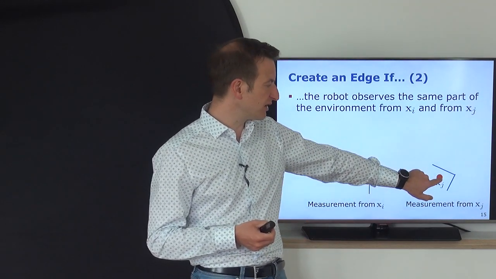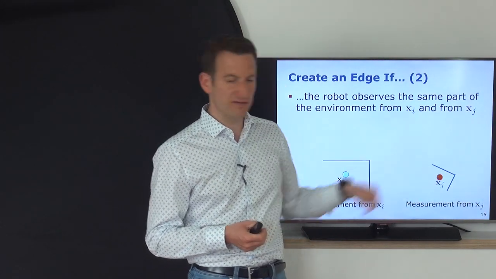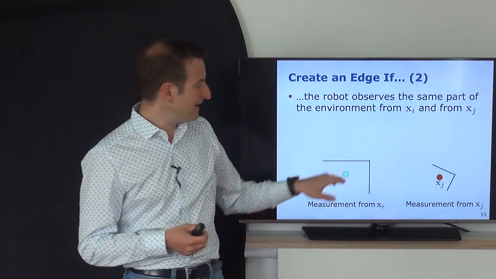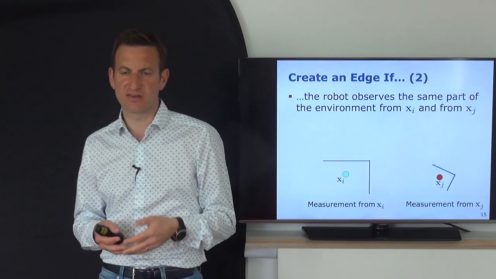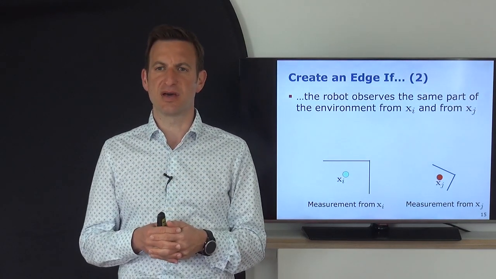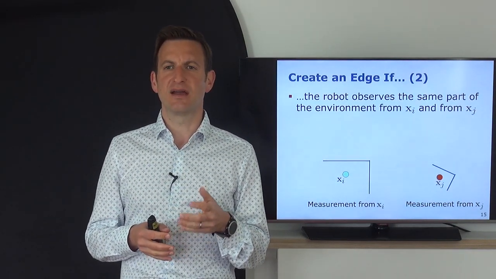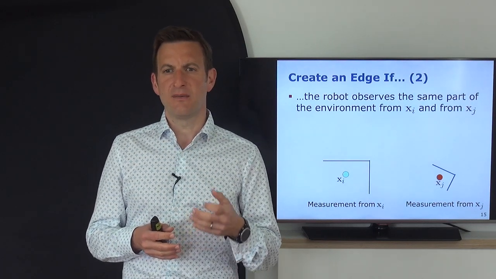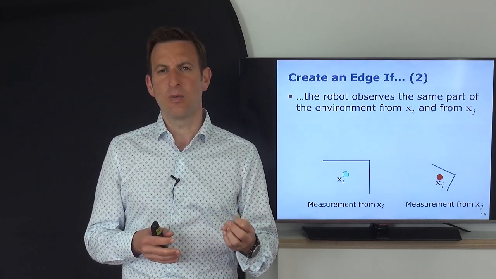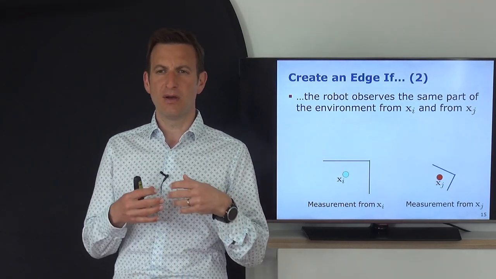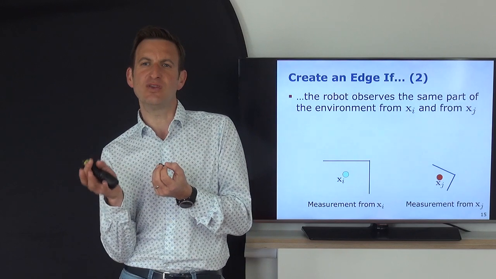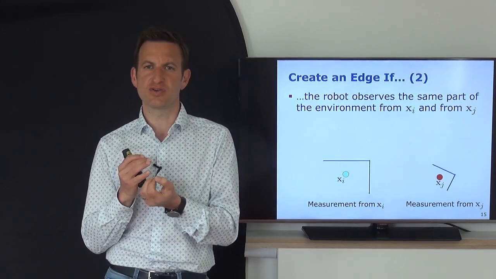And then at a position xj, it's here, and it's observing this part. So by relating this black line and this blue line, treating them as scans and overlaying them with each other, we can generate a virtual observation by saying we can have an idea where xj should be as seen from xi. Although we can't really see xj, we can't really see where the robot is in the future.